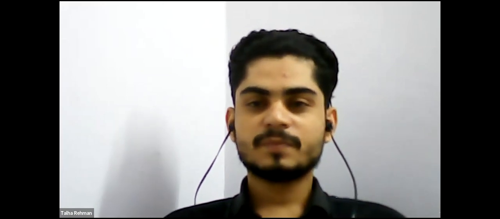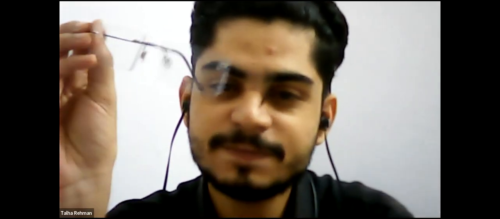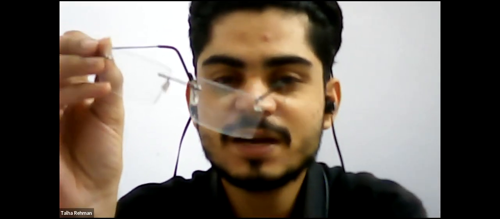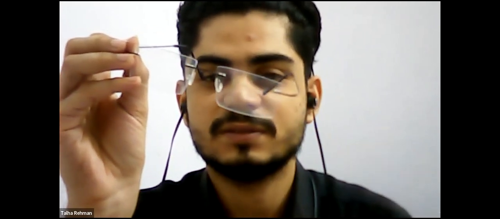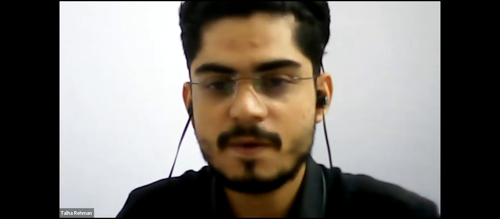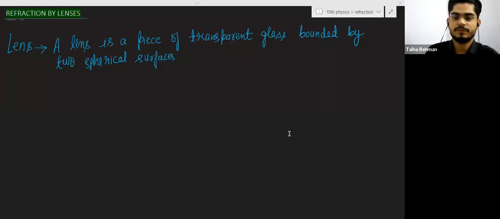And this is transparent glass also. Transparent glass means we can see through this glass. So now, spherical lenses.